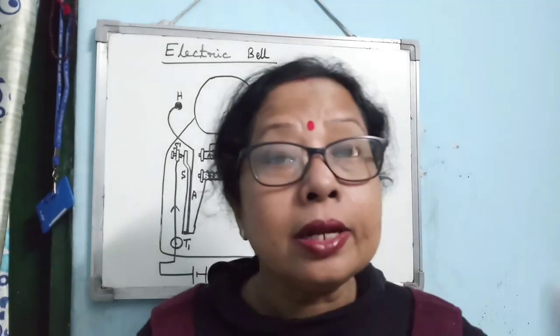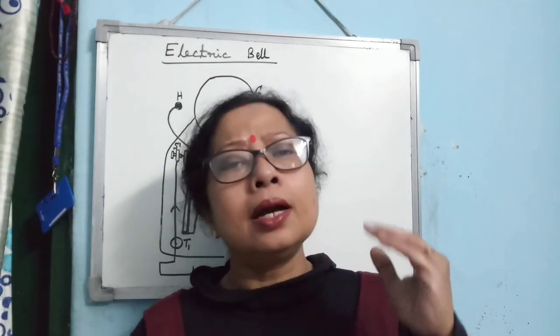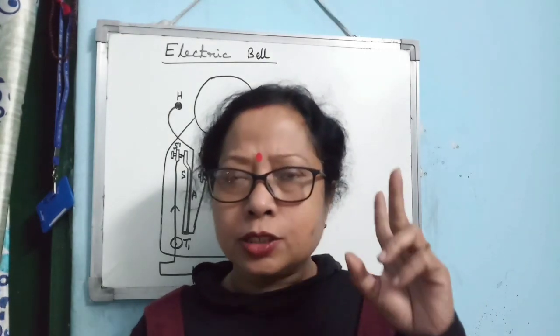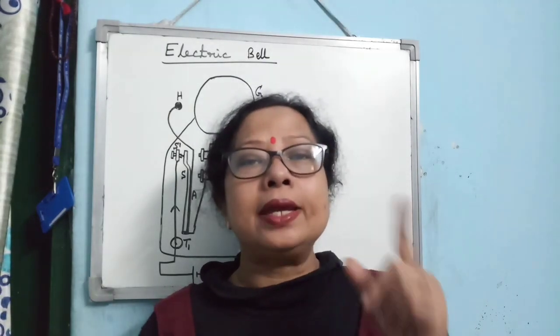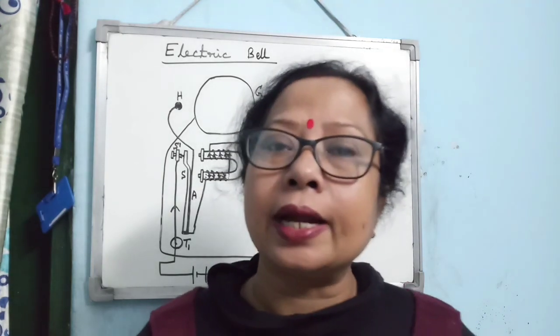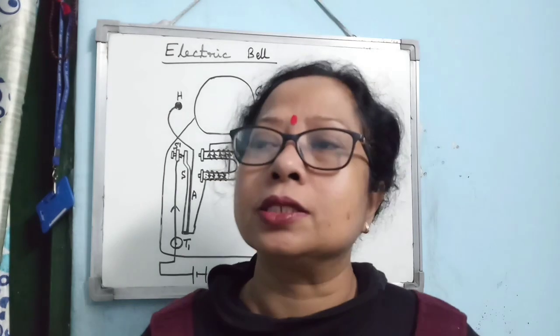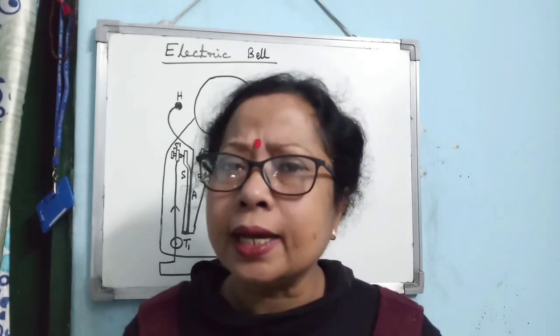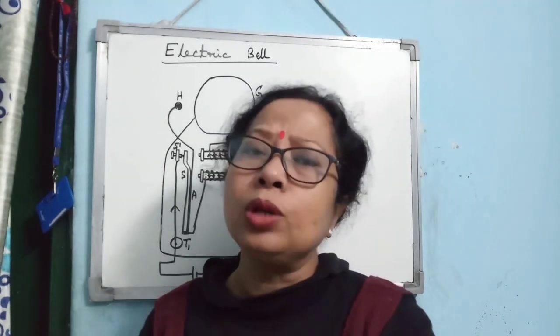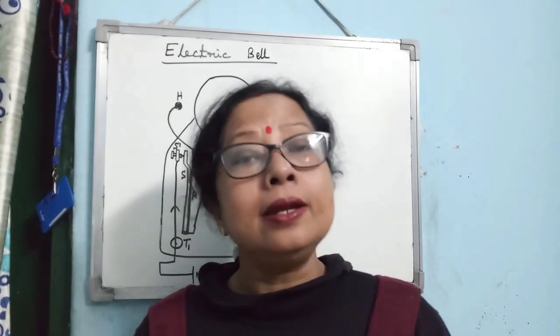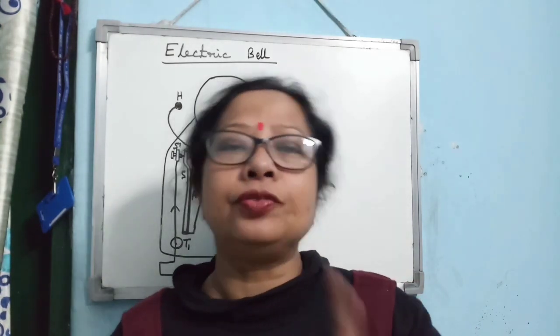But for how to increase the strength of the electromagnet, the first two points are the most important: by increasing the magnitude of the current passing through the coil, and second, by increasing the number of turns. Please do not write only current, and do not write only number of turns. Write current passing through the coil and number of turns of the coil.